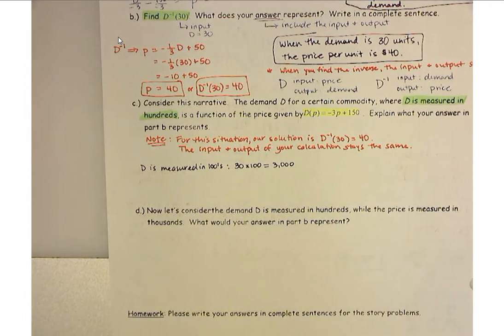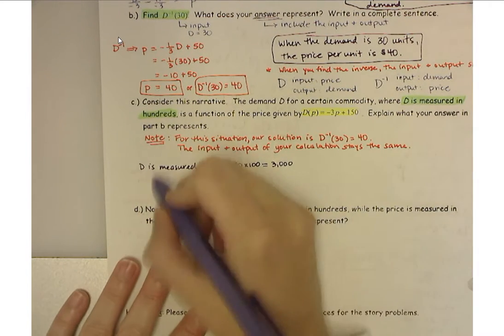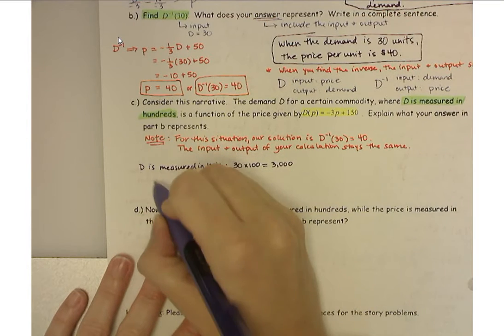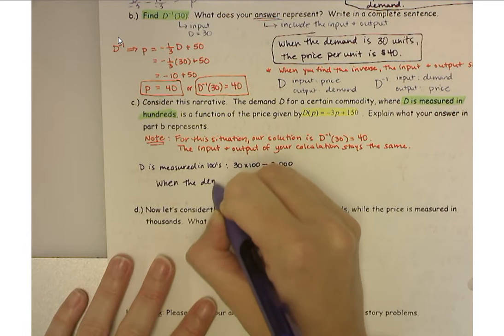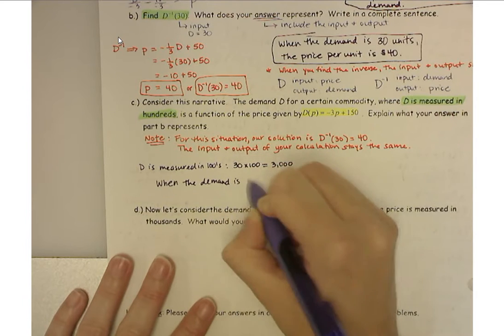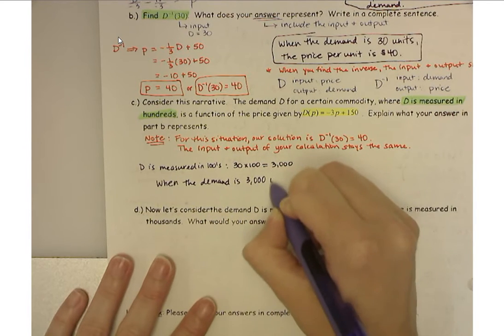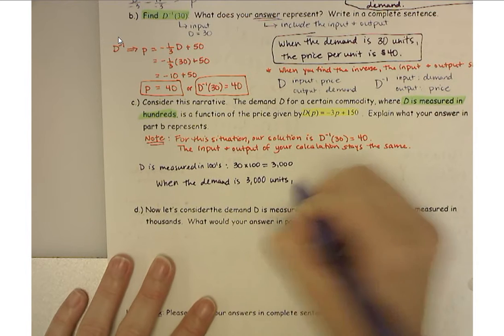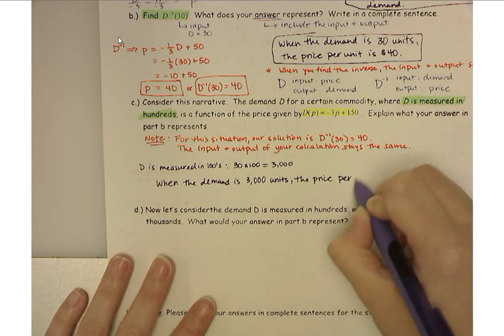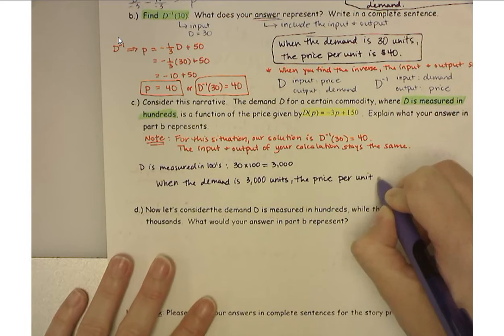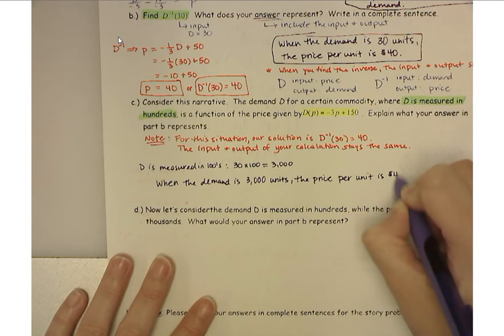I do want to be clear on that too. Then what we would say, we can word this almost the same: when the demand is 3,000 units, the price per unit is 40.